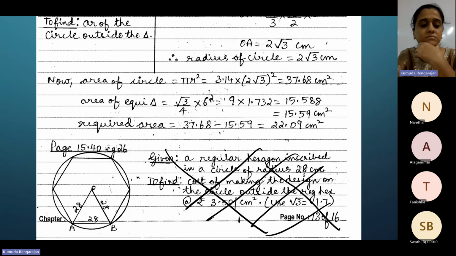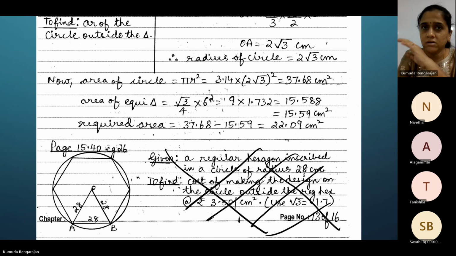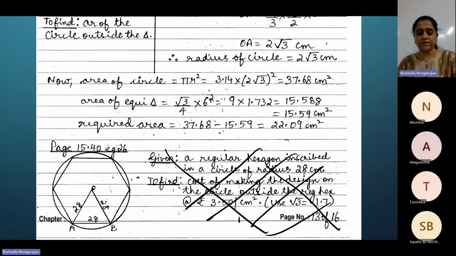Okay, so what are we supposed to find? We are supposed to find the area of the circle outside the hexagon.